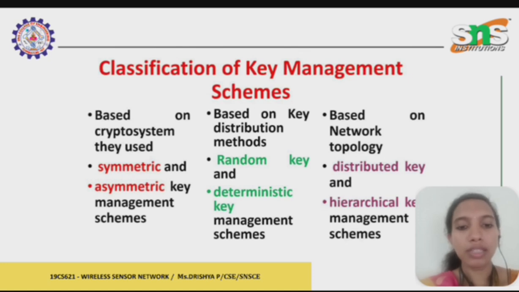And an asymmetric key management scheme is one where we use a unique key for encryption and another different key for decryption. Then random key and deterministic key are based on the key distribution method, and distributed key is based on network topology.